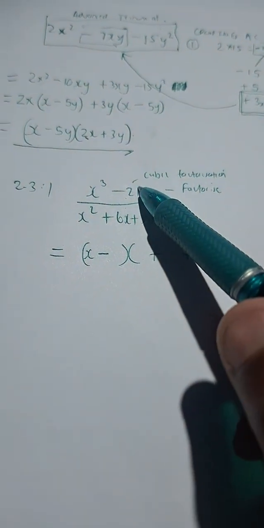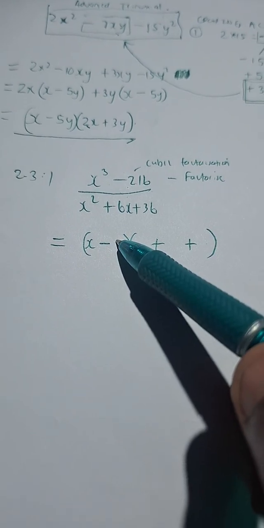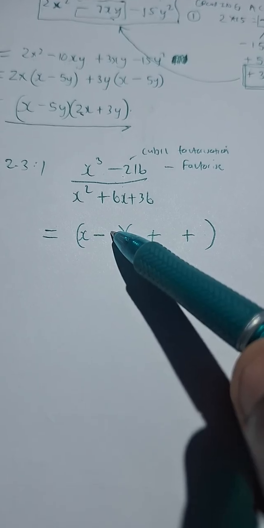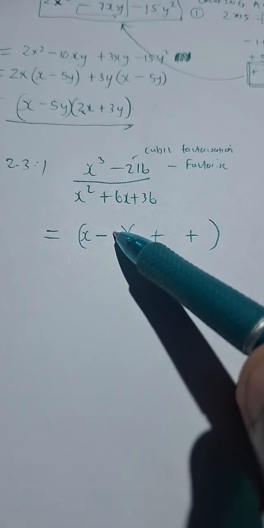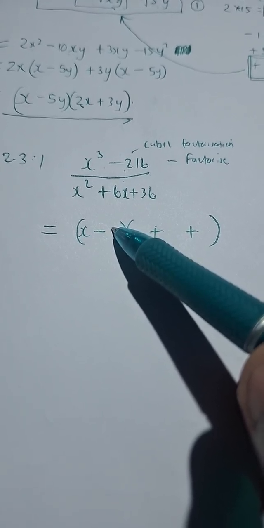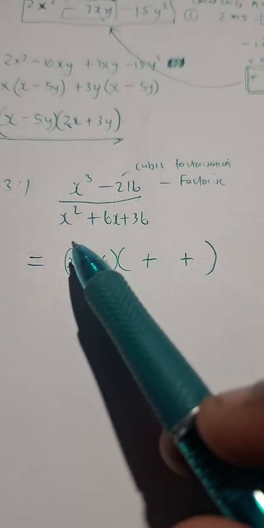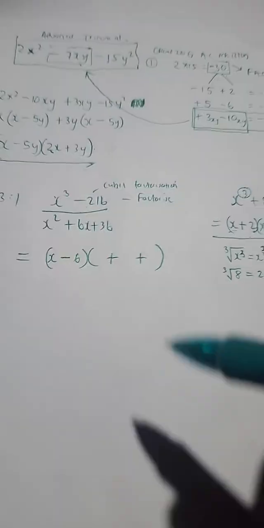The cube root of 216. Thank you, Moses. Moses is on the money there. X times what is x cubed?